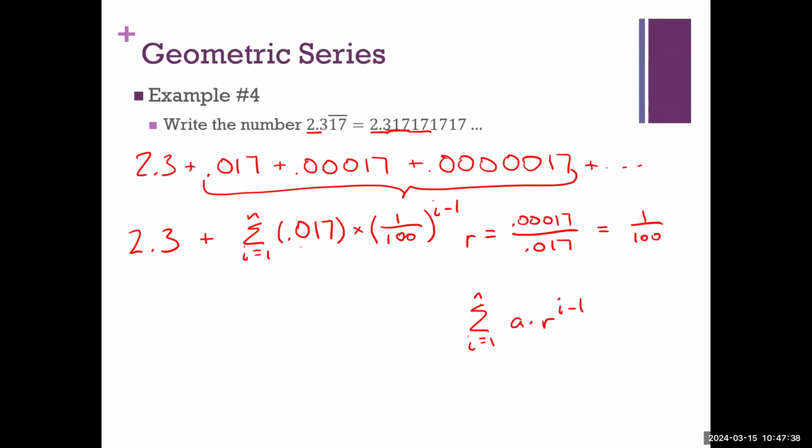This geometric series we wrote, does it converge? Should, right? Common ratio is between -1 and 1. So let's find its sum. What is the sum of our geometric series?